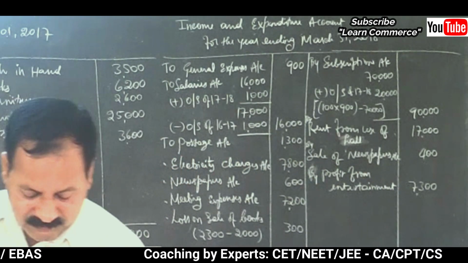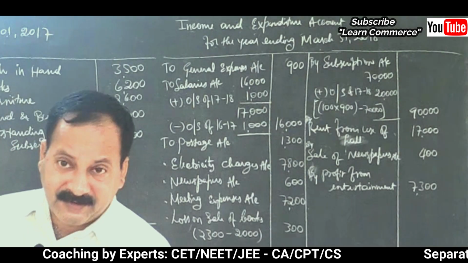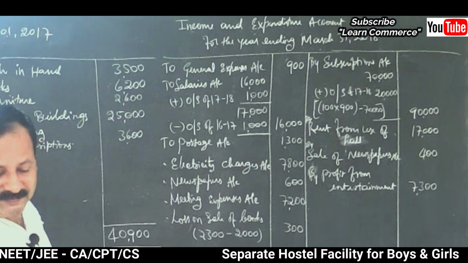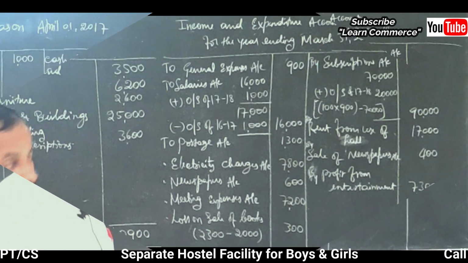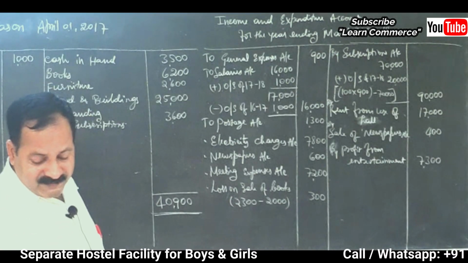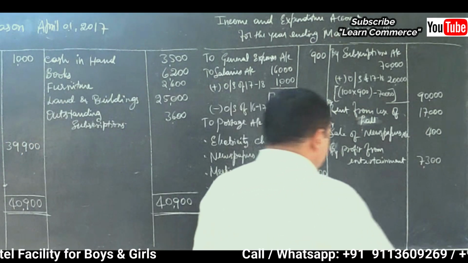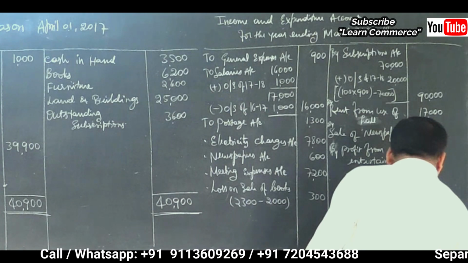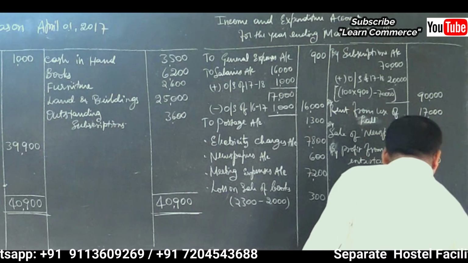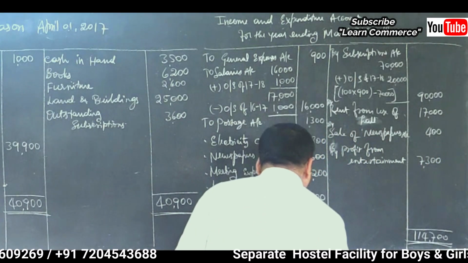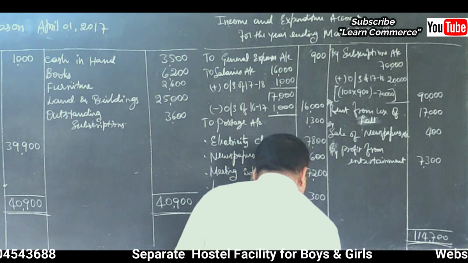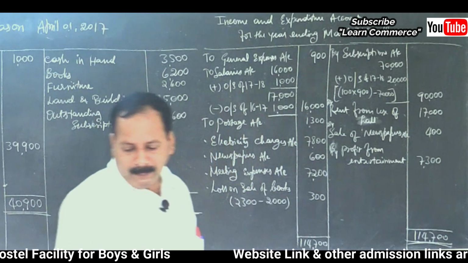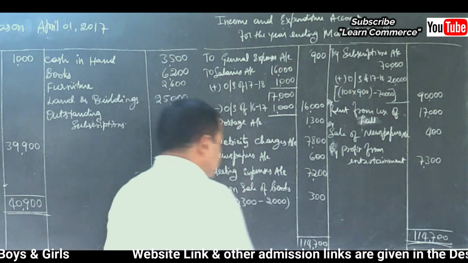That's all. Now write the total and find out the difference, that is the surplus or deficit. Credit side is greater, income side is greater. Write the total 114,700. Write the same total on the other side, 114,700. Find out the difference, that is 80,600.